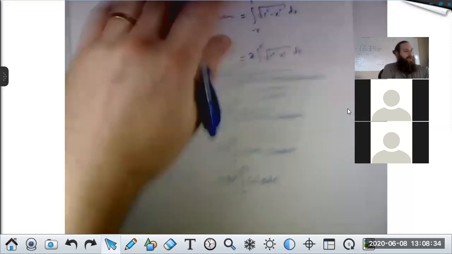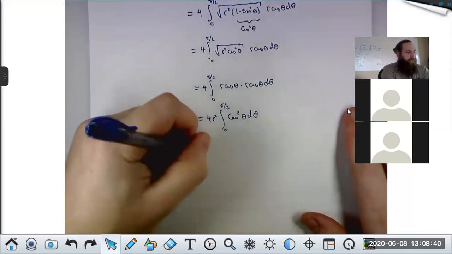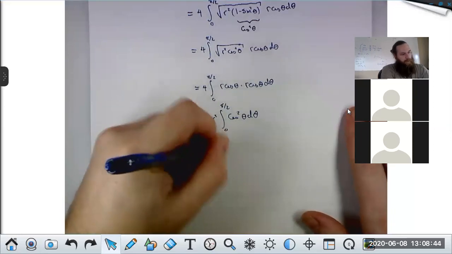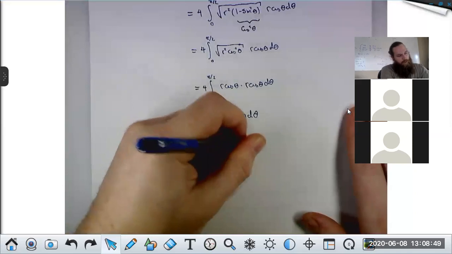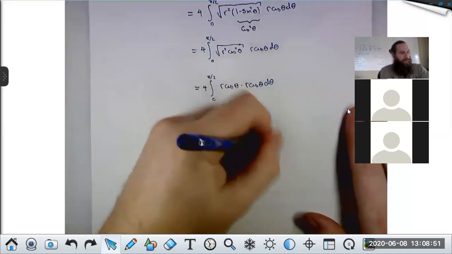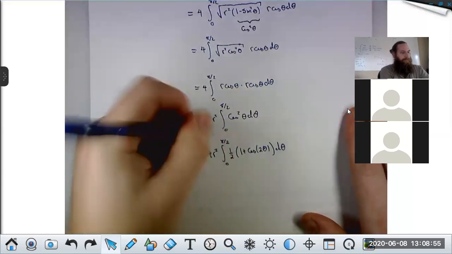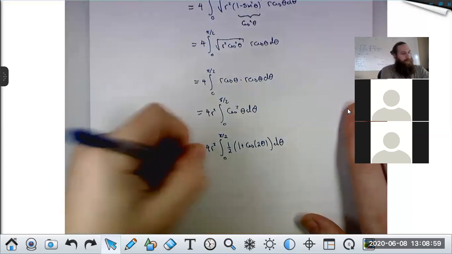That integral is done via one of these half-angle identities because it's a sine-cosine integral where the powers are even. The antiderivative step here is not hard.